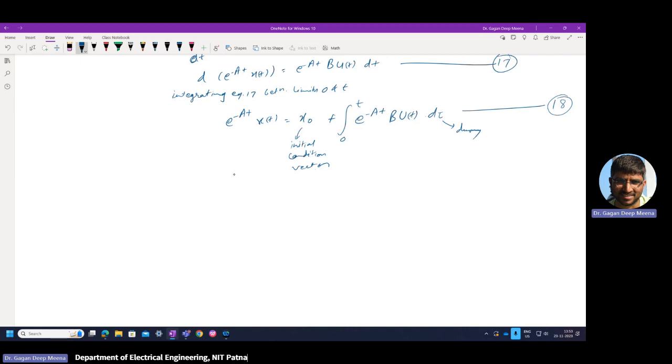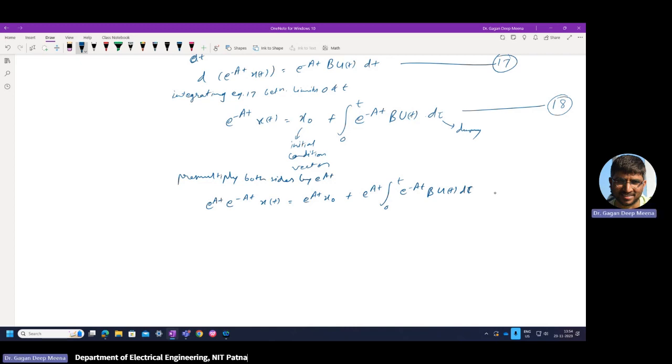Now, if we pre-multiply both the sides by e to the power at, we will have an equation like e to the power at multiplied with e to the power minus at x of t equal to e to the power at x of 0 plus e to the power at integral over 0 to t e to the power minus a tau b u of tau d tau.